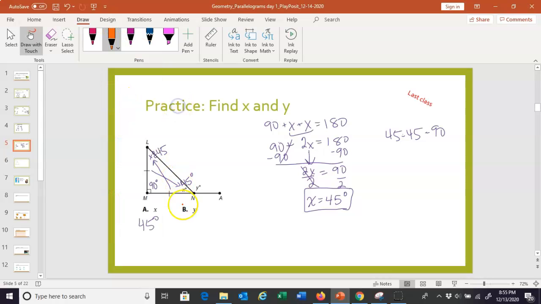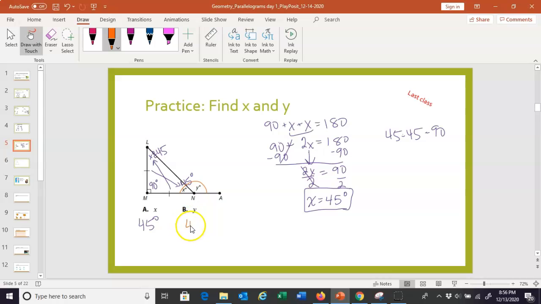So now that we know this angle, we can definitely find Y. It's up to you how you want to do it. I see two ways. Let's do it both ways. We know that X and Y are on the same line. Remember, that's a linear pair: two angles on the same line that share a side. Those are always supplementary.